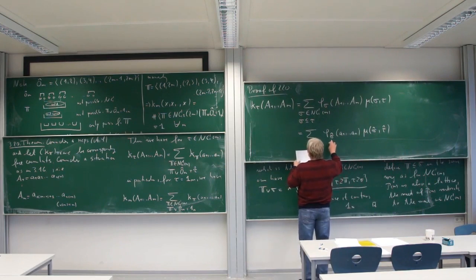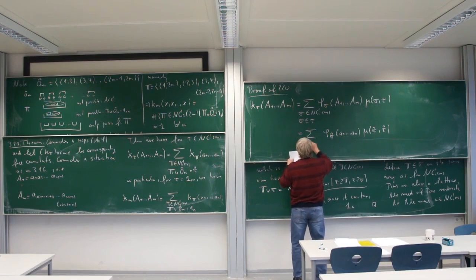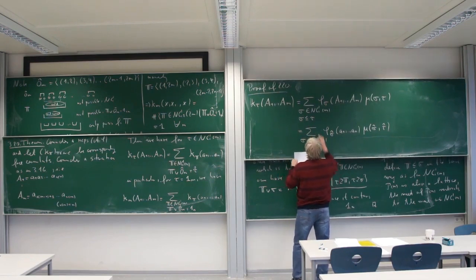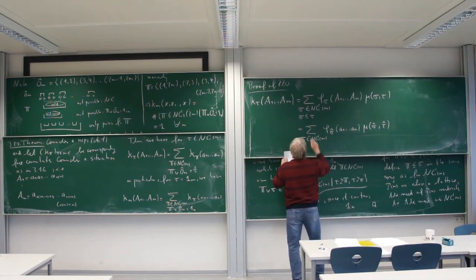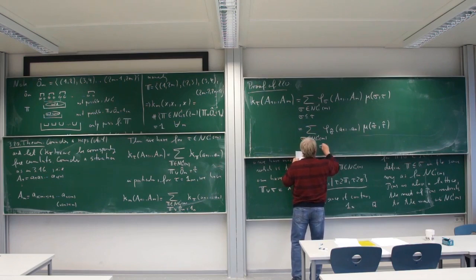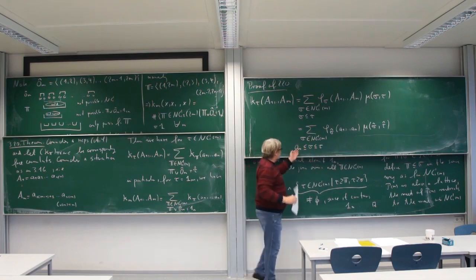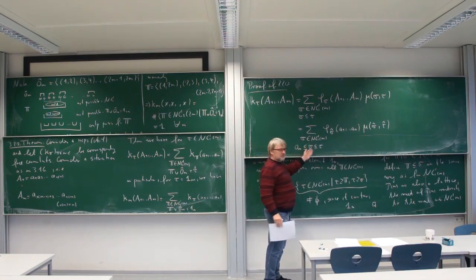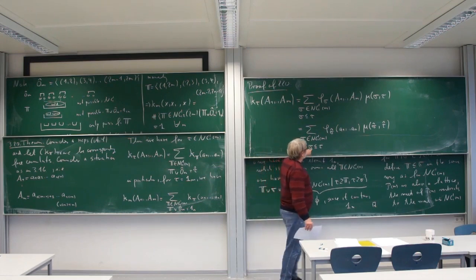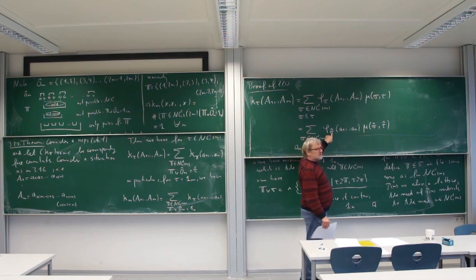Good, but here I still have the sigma, I'm still summing over NC of M, and maybe here I write more precisely when I'm summing here the tau, or the sigma actually is less or equal than tau, and greater or equal than the 0 M. Of course, everything in NC of N is greater or equal to this. But now you see, I'm summing over sigma, but here I have indexed my guys by sigma hat.